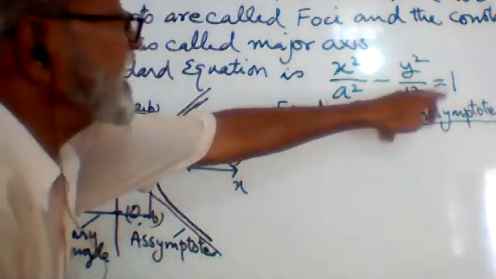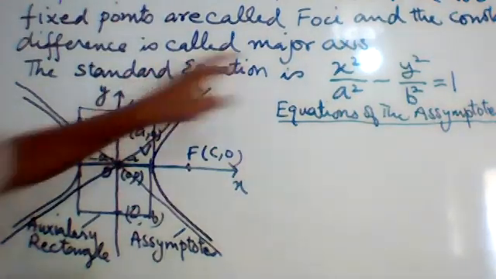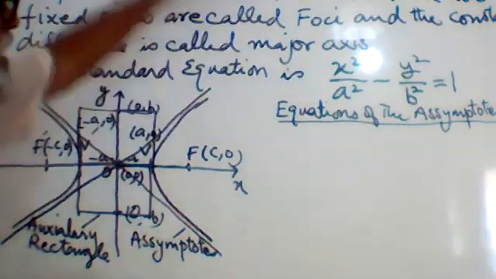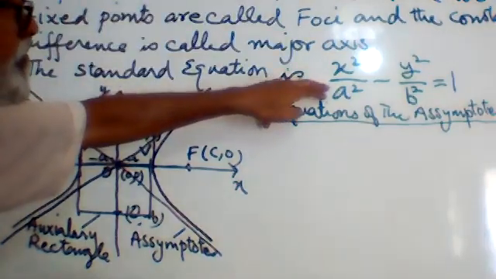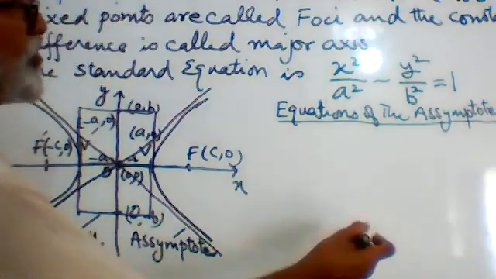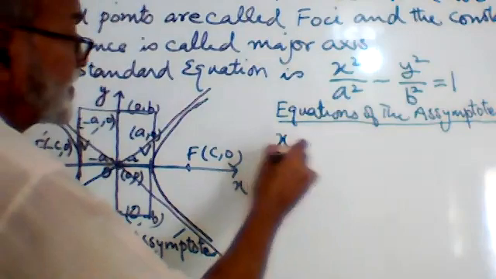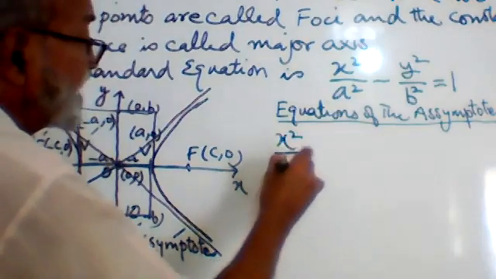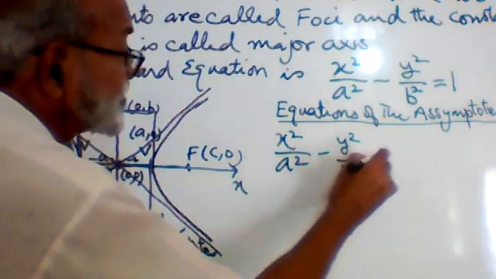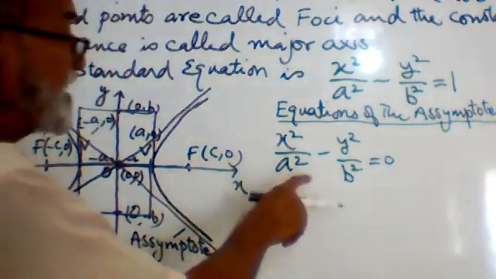Then we'll find the equation of the asymptotes by considering the 1 as a 0. x square upon a square minus y square upon b square equal to 0. Then we'll solve it for y.